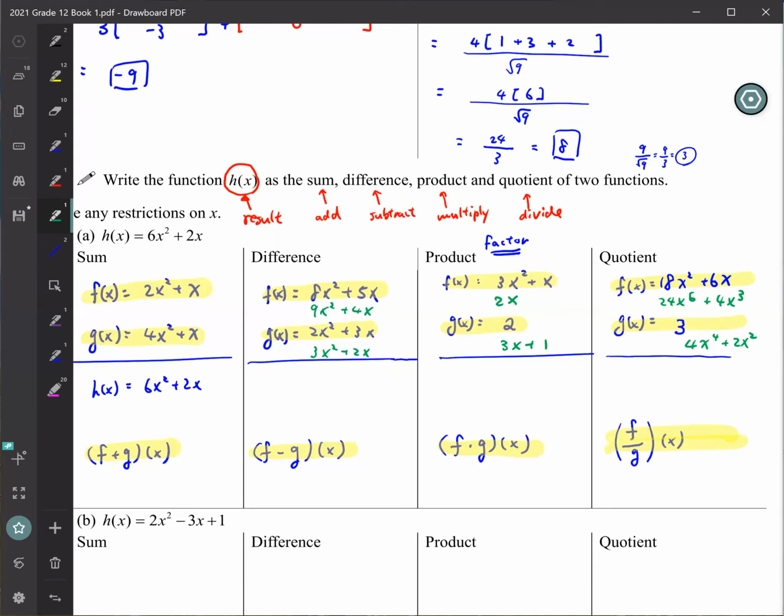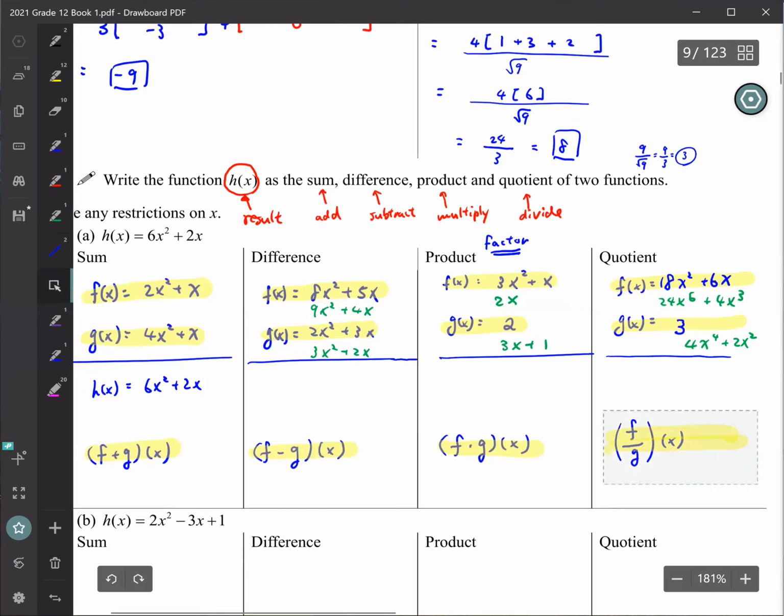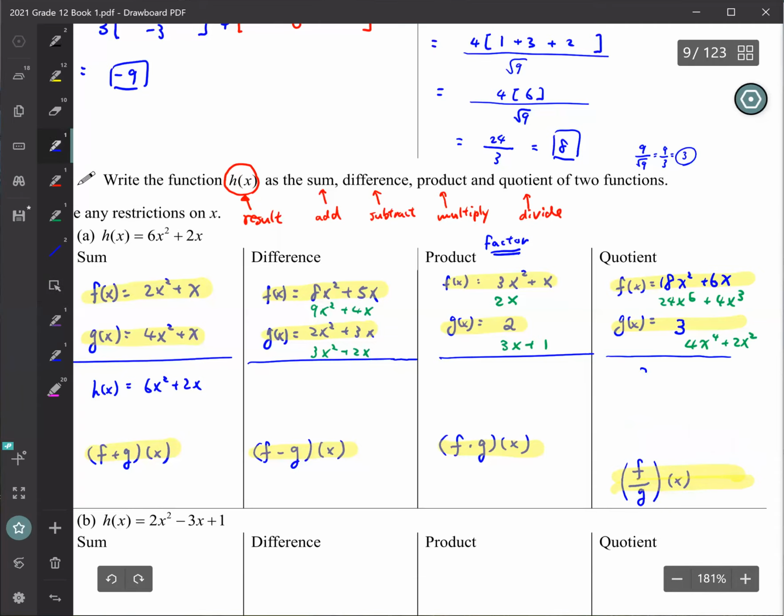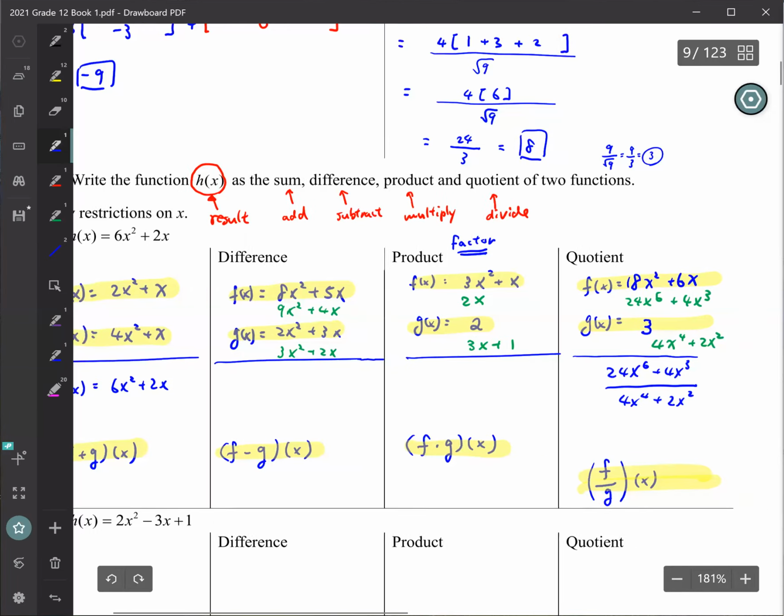Okay, so let's say we want to check it, right? Let me move this down a bit. Okay, so we have 24x to the power 6 plus 4x cubed divided by 4x to the power 4 plus 2x squared.